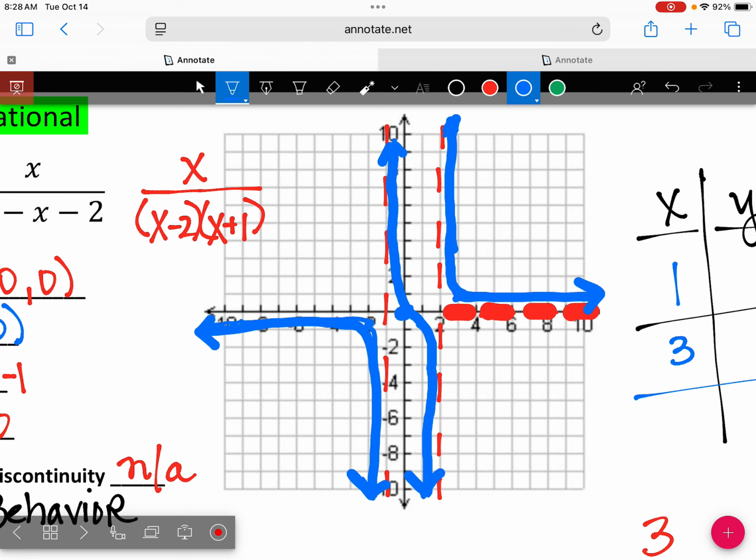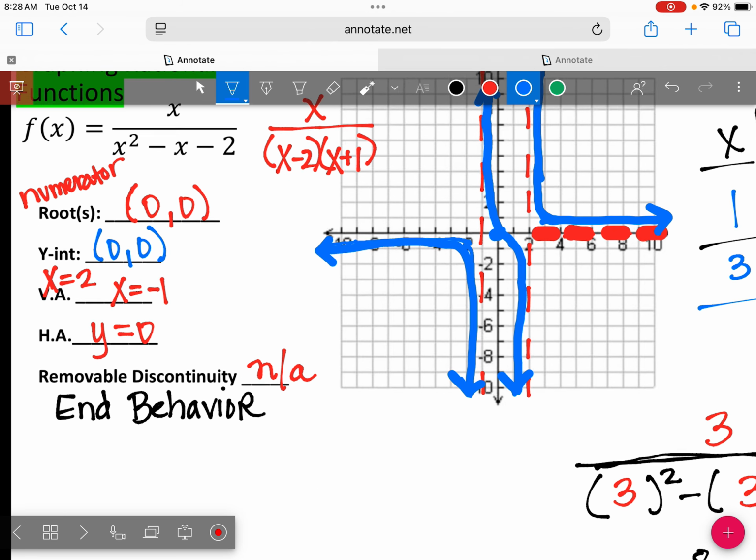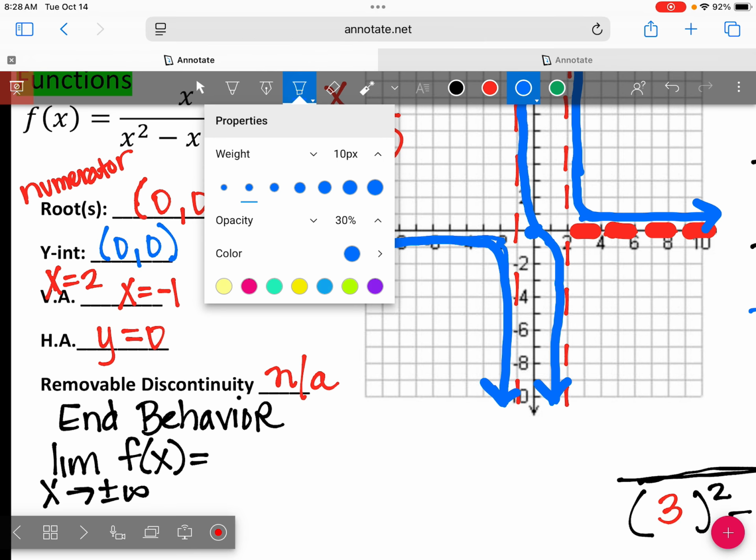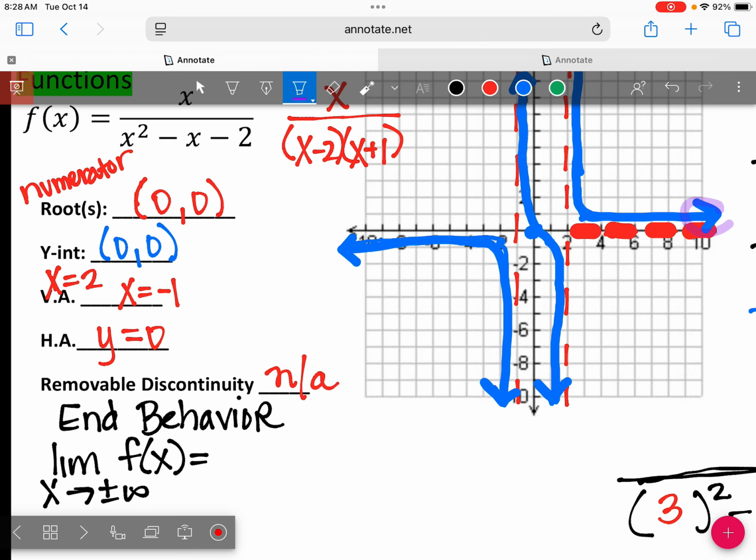Okay, so now let's do our end behavior. The end behavior is the limit as x approaches plus and minus infinity, and I did that on all 3 of the examples yesterday. When I'm talking about end behavior, I'm talking about these arrows on the end.